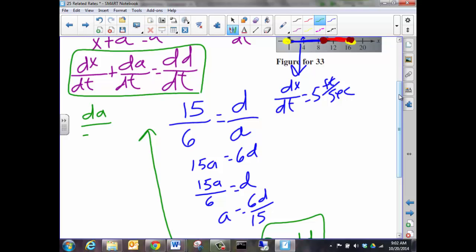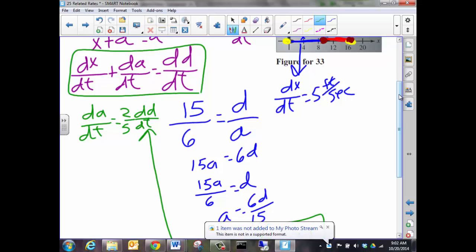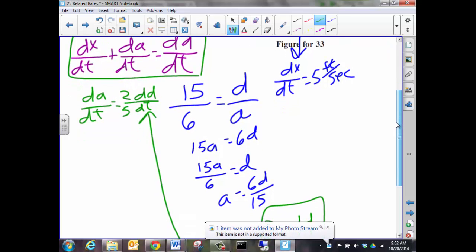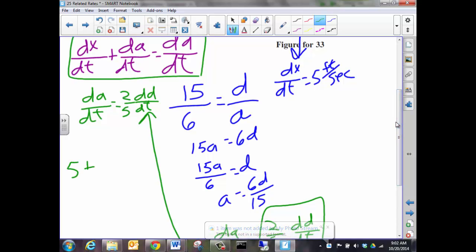So dA over dt equals 2/5 dD over dt. So now we're comfortable plugging some stuff in? What can we put for dx over dt? 5 plus 2/5 dD over dt equals dD over dt, right?